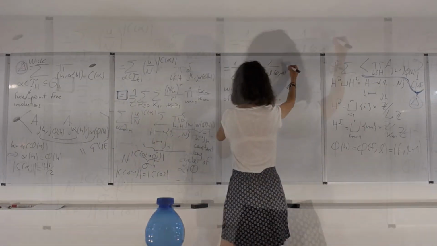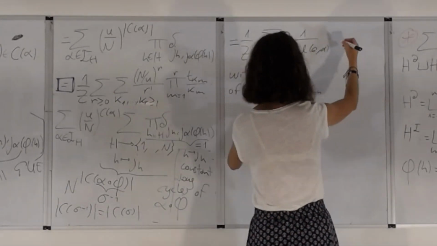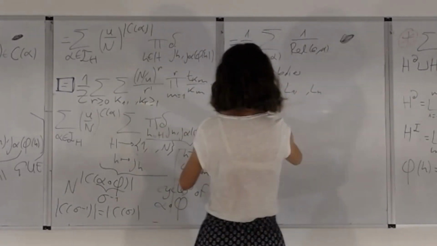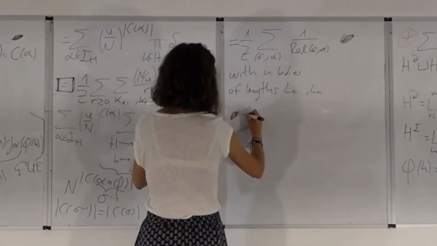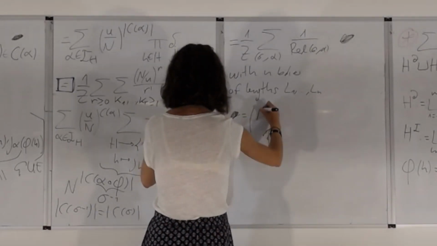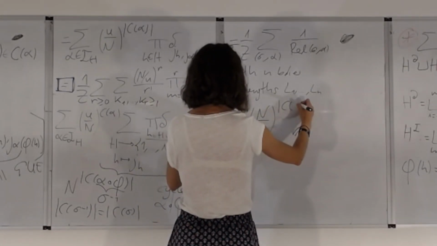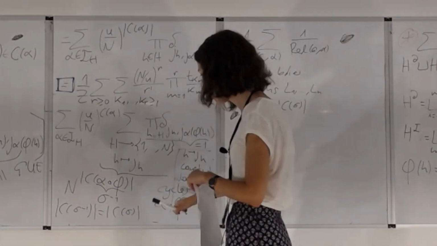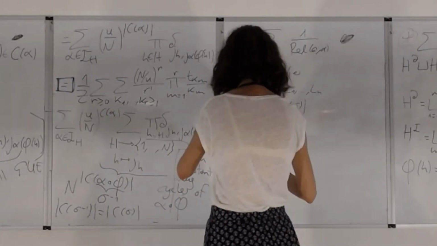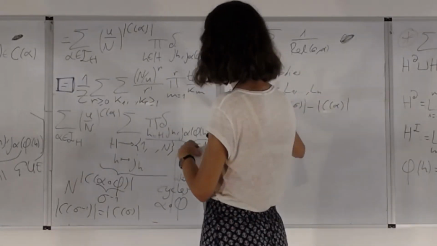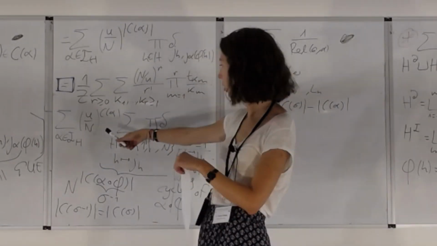And then we just put what we computed, the n to the correct power, in here. This is n over u to the number of cycles of sigma. This was computed here. Minus the number of cycles of alpha. This guy appeared here.